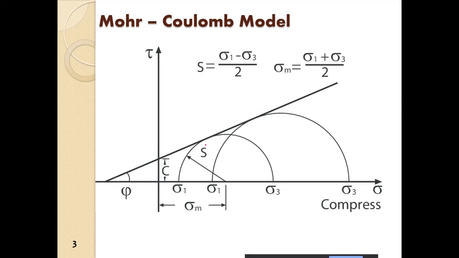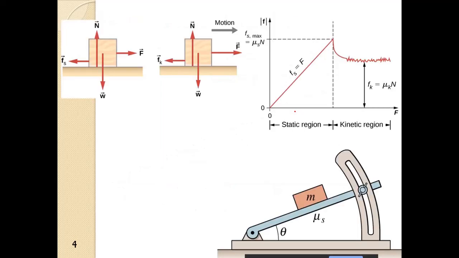Here S is the radius of the Mohr circle, and sigma m, that is the mean, is the center of this Mohr circle. We define the Mohr-Coulomb failure surface in this manner: we draw a tangent to these circles and we get the Mohr failure surface. Of course, we have been discussing that, but we are going to see some basic aspects.